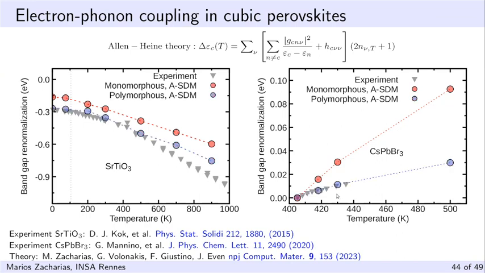However, if we start our calculations from the polymorphous structure and displace the atoms using the special displacement method, we see that we get excellent agreement with experiment. And we can explain, in particular for cesium lead bromide, the slow variation of the band gap with temperature in this system.